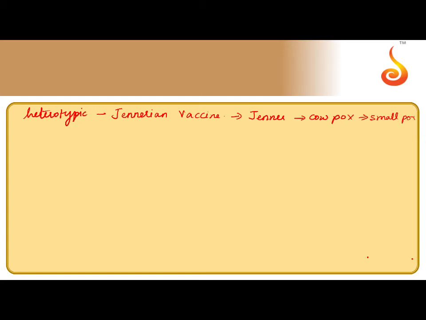So what we are basically doing in this heterotypic vaccine is taking a similar type of disease extract from a different animal, which either does not affect humans at all or does not cause any kind of disease in humans, or even if it causes, it will be very very mild. So that's something which has been introduced into the body, and once it has been introduced, the person is kind of immune to the bigger disease.